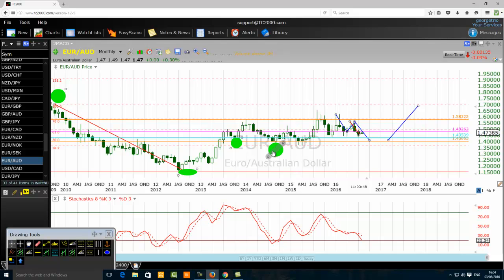So it looks to me right now that the bullish traders are managing to hold the price above the 50% level. All right.